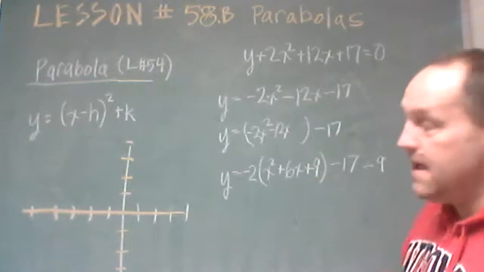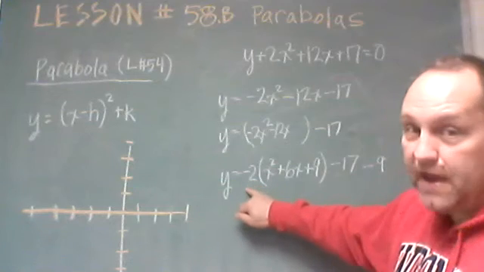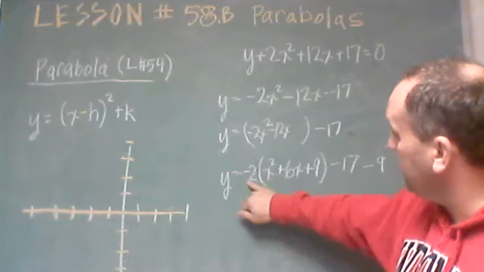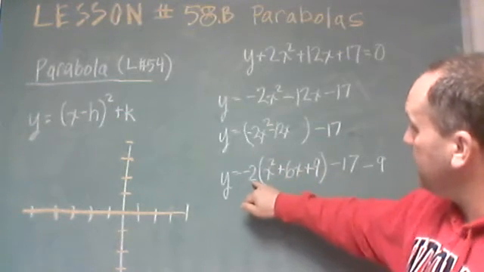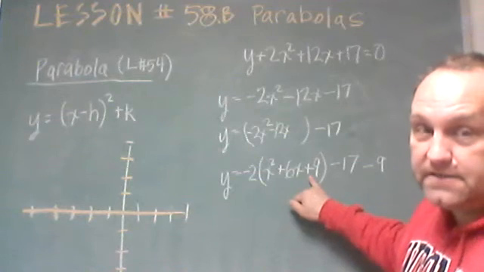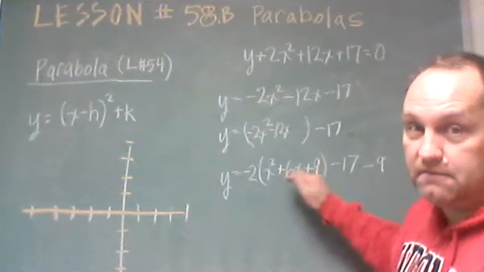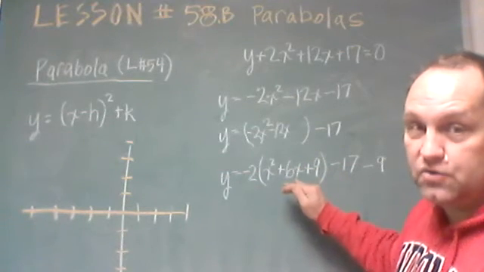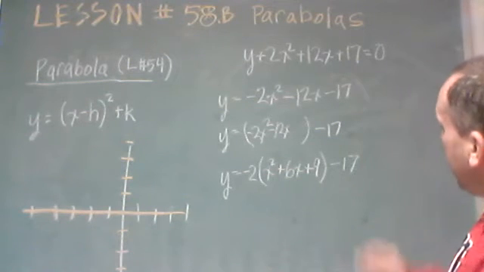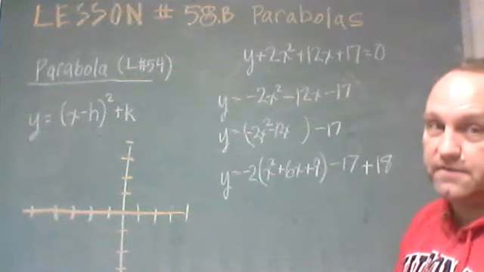So what am I doing? I'm actually subtracting an 18 because I factored out that minus 2. So when I would multiply this out, it would be minus 2 times 9, a minus 18. So I've actually subtracted 18 from this side. Okay, so to maintain the equality, I have to add 18 to this side.